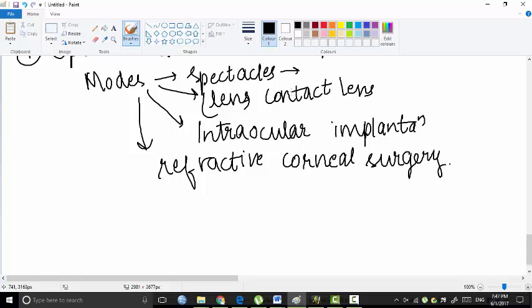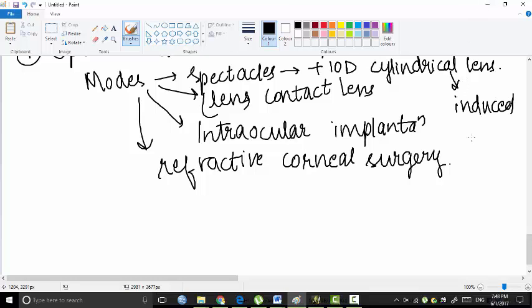In already emmetropic patients, plus 10 diopter lenses are generally used for spectacles. But do you know, the use of cylindrical lenses is generally not for hypermetropia. Here it is generally used if there is induced astigmatism, which we will discuss in our later classes.